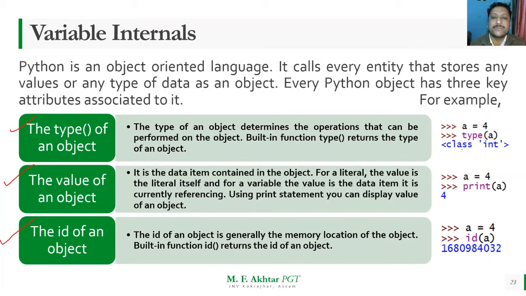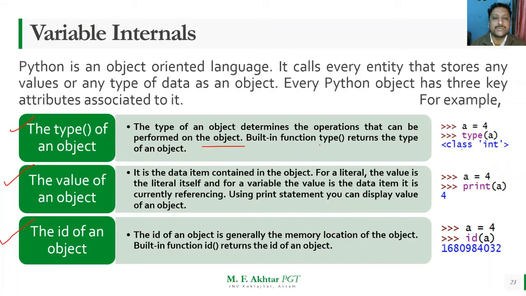What is the type of an object? It determines the operations that can be performed on the object. If the type of data is integer, then we can do arithmetic calculation. If it is a string, then we can only do those operations which can be handled by strings. The built-in function type returns the type of an object.